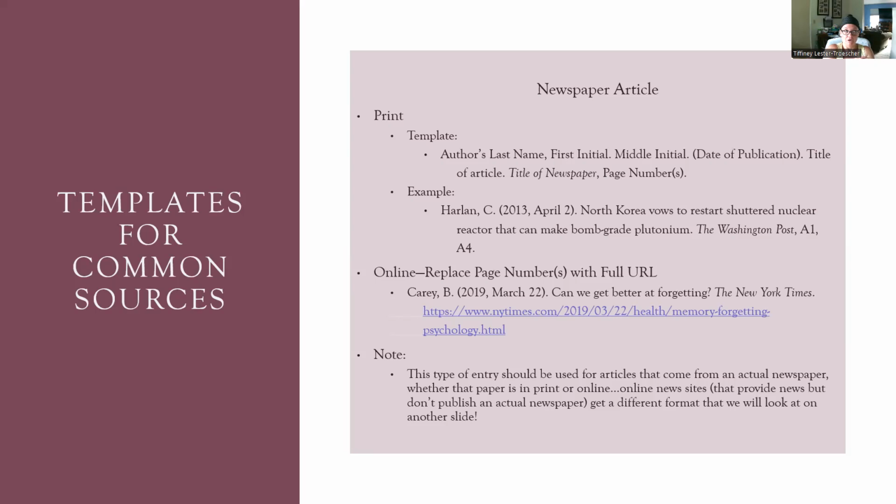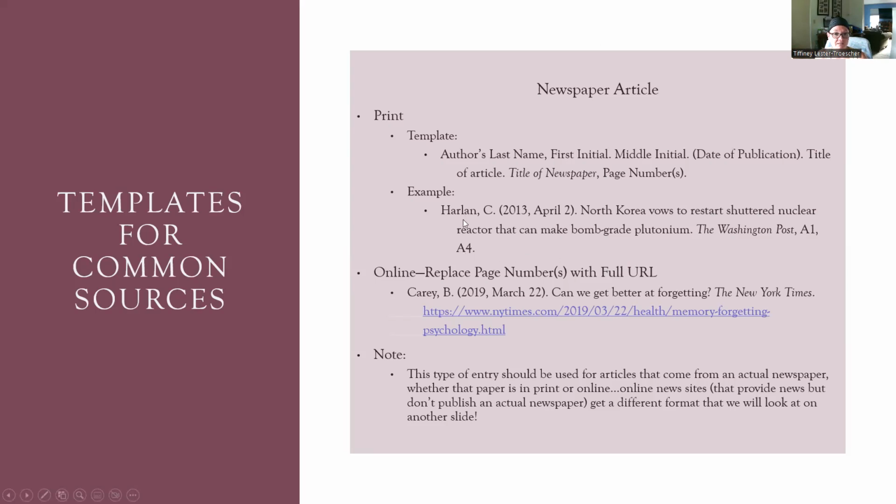So like, the finance section might be section C or whatever. And then section C, the finance section, consists of 5 pages. So this particular newspaper article is in a print newspaper, like one that we can hold in our hand. How do I know that? Because there's no URL provided.